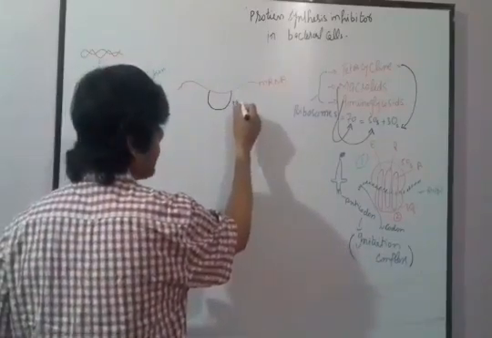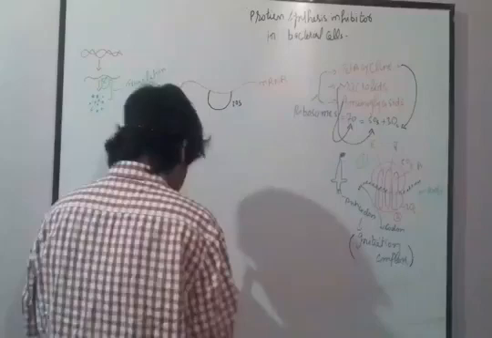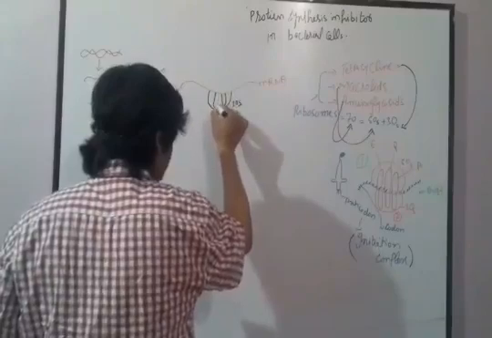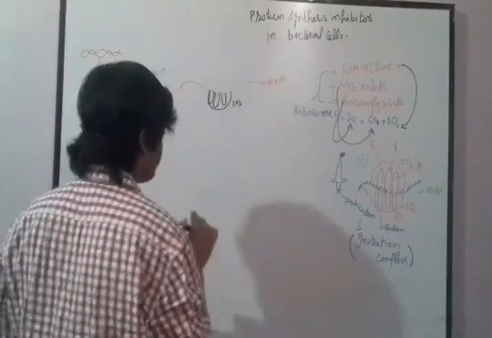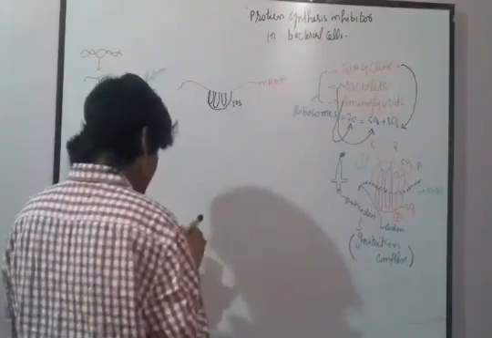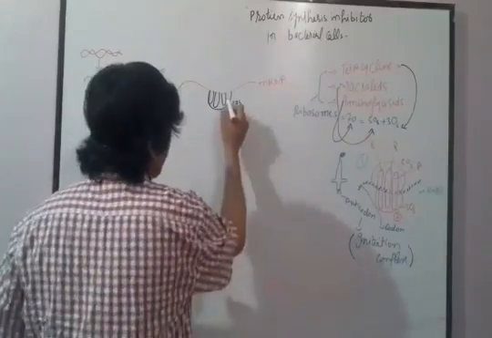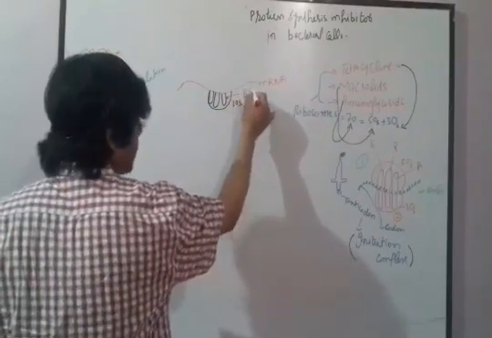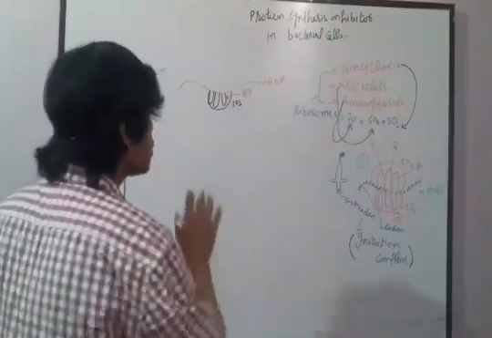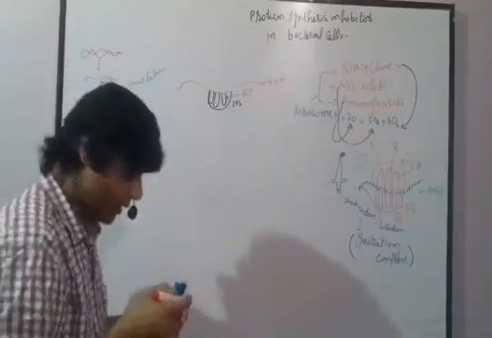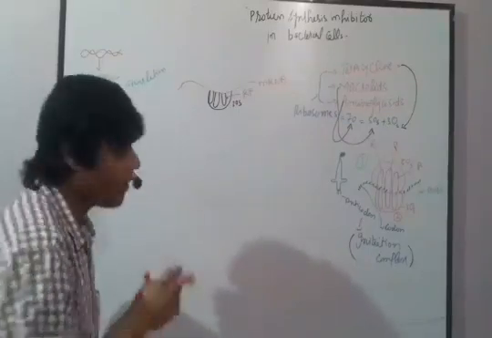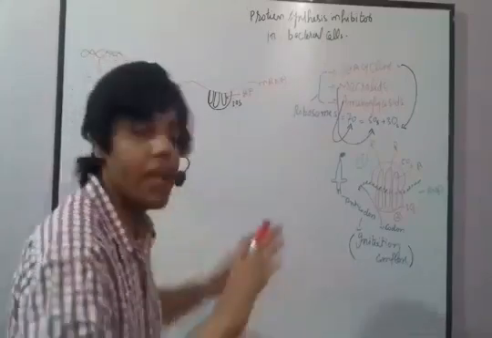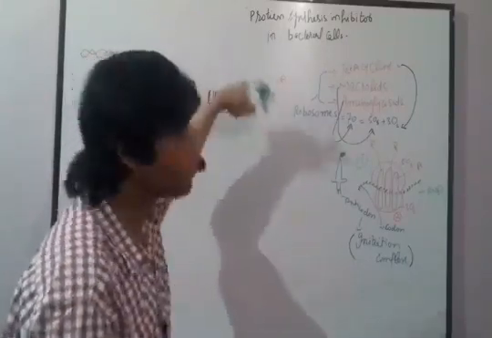In the 30S subunit, this is the A site, this is the P site, and this is the E site. Near the A site, there is a release factor bound, RF. The main function of this release factor is that it does not allow the 50S subunit to bind here.